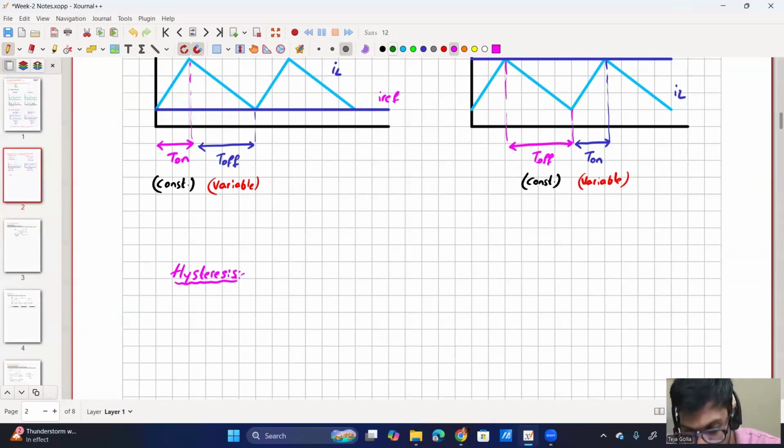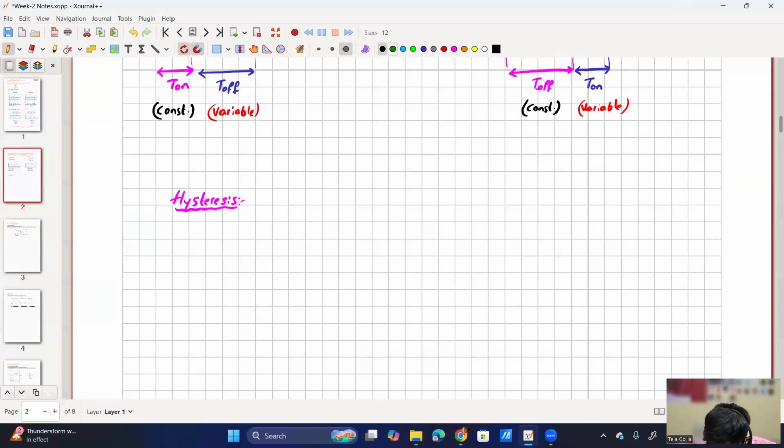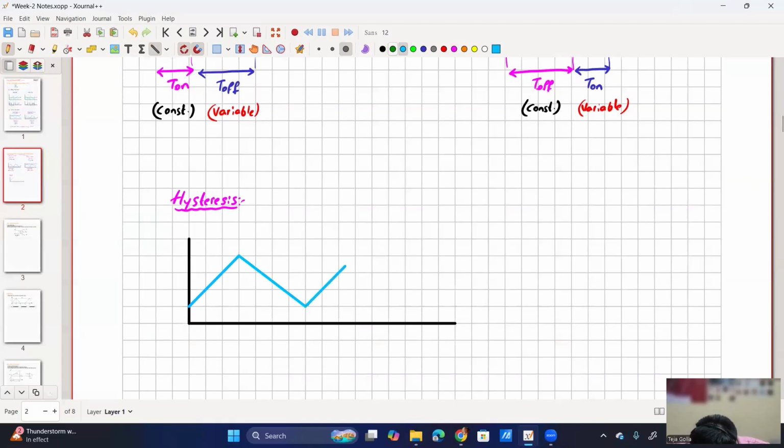Hysteresis current mode control. So let us quickly draw the diagram. So here peak and valley are there. This is I peak and this is I valley.